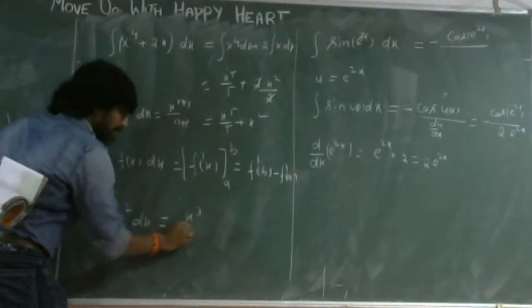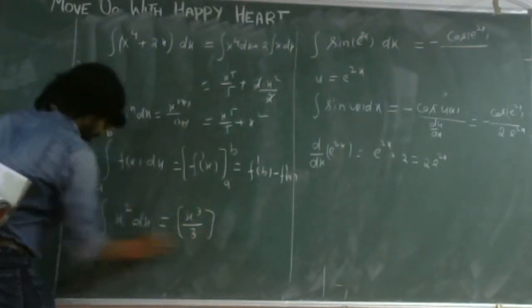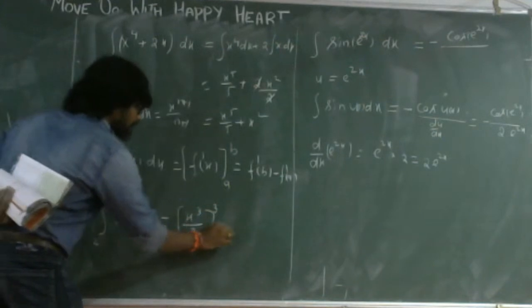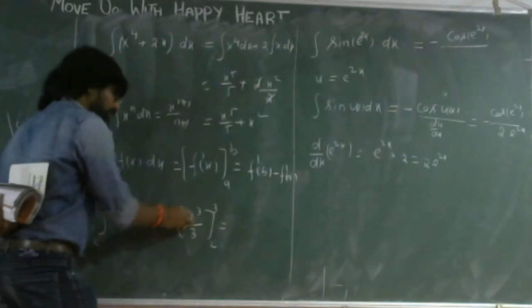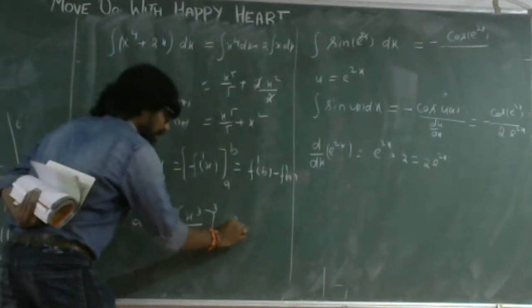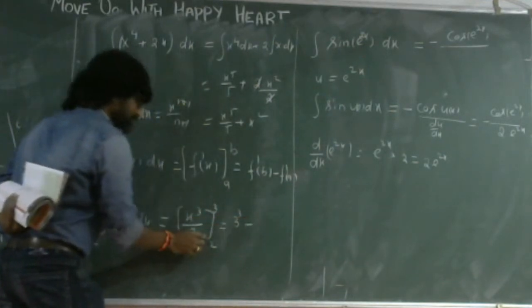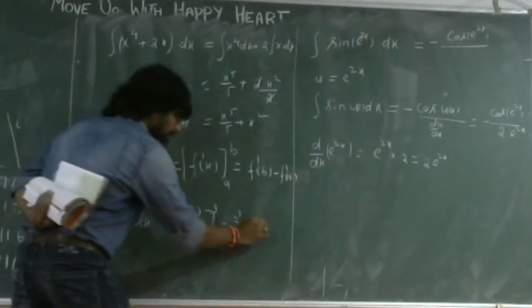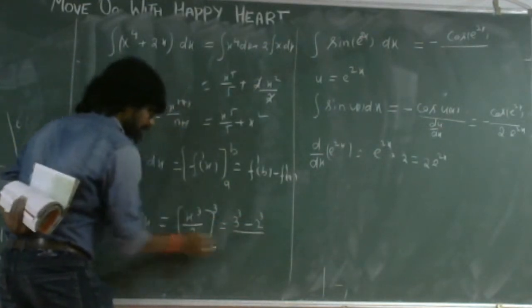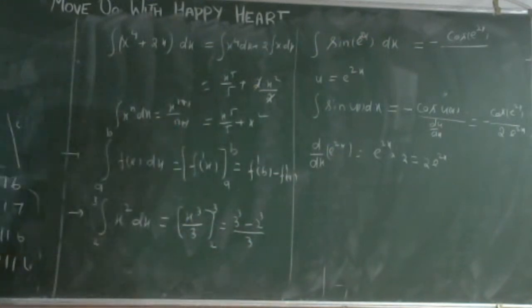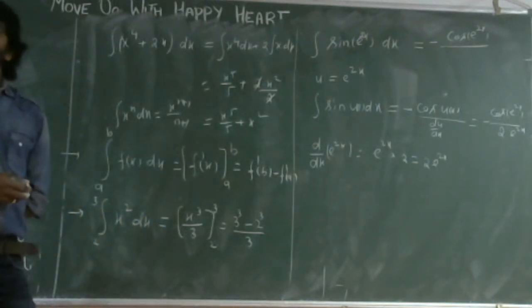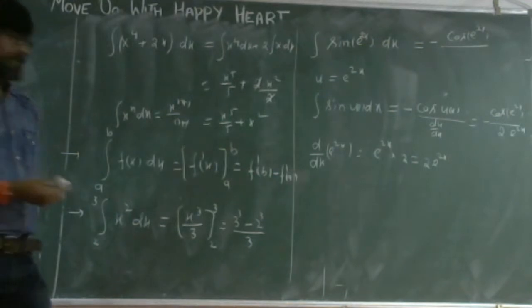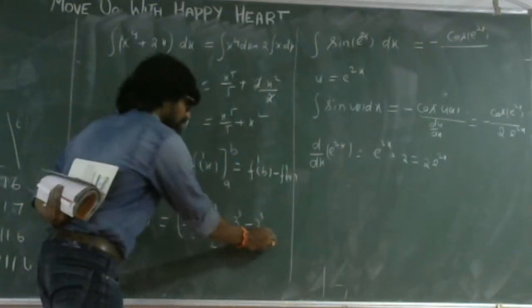With the limits 2 to 3, you apply the upper limit minus the lower limit: 3 cube minus 2 cube, all by 3. 3 cube is 27, 2 cube is 8. So 27 minus 8 by 3. How much?